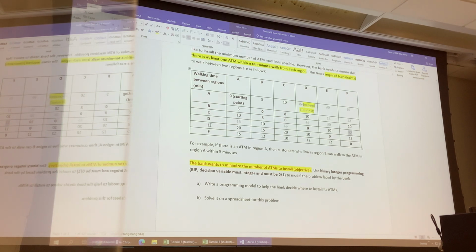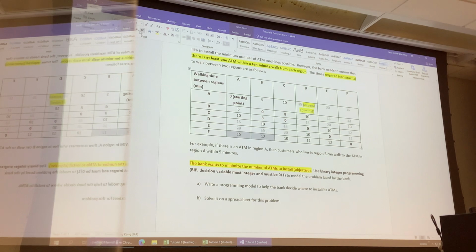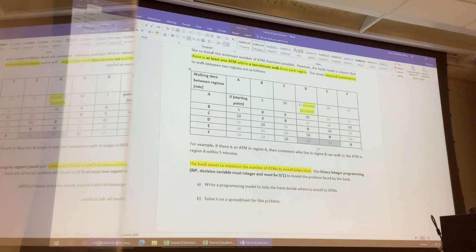So for region E constraint, these three are the region that exceeds the walking time. So that is too far away, right? So that is D, E, F, D, E, because the F that is also have to be omitted. Okay, so for region F, that is the same. We have to omit region A and B, and then D and E. So for the last one, only F and C that is remaining.